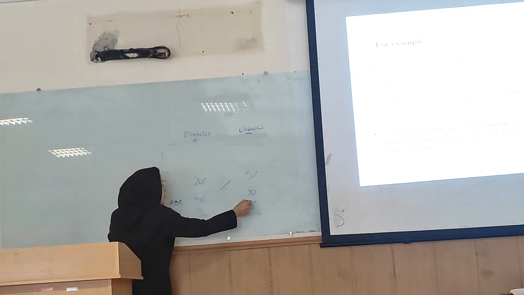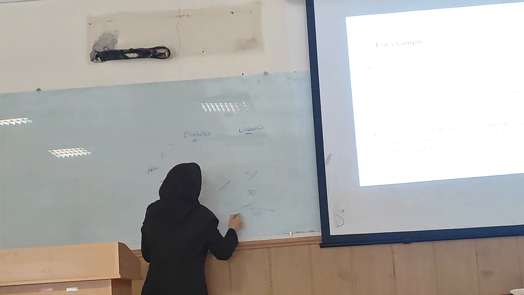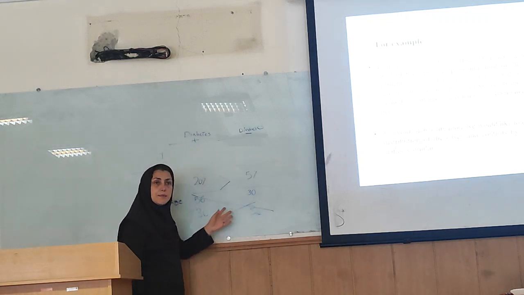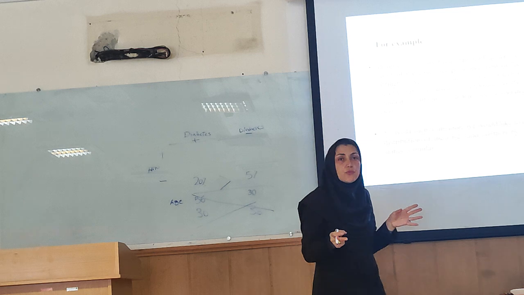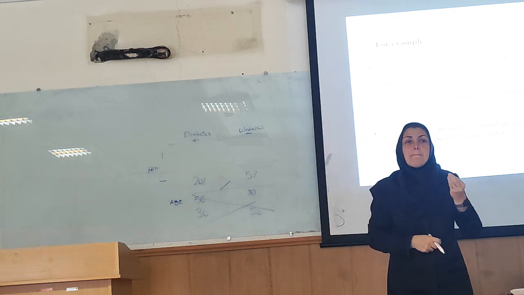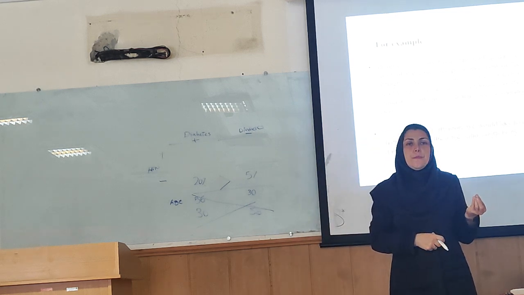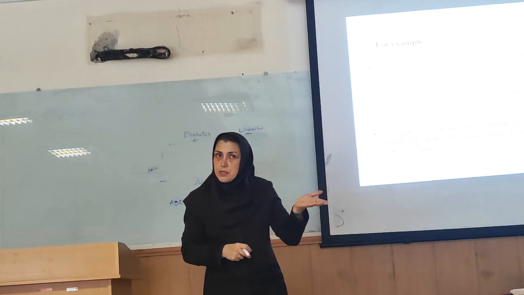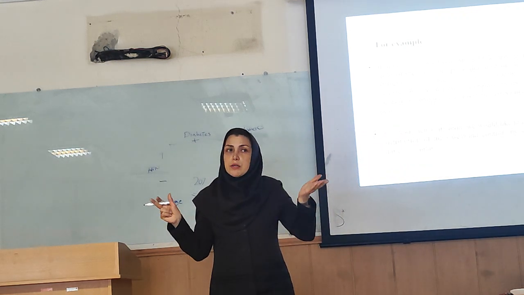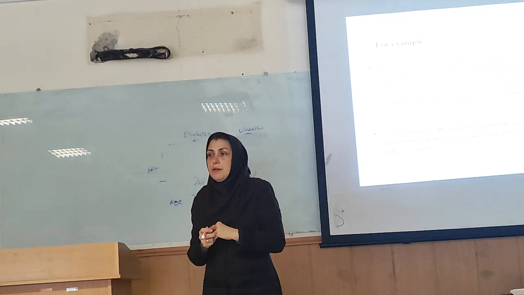So we should make the distribution of age similar in cases and controls. It is matching. It means we can match the patients with the controls regarding age, in this example.